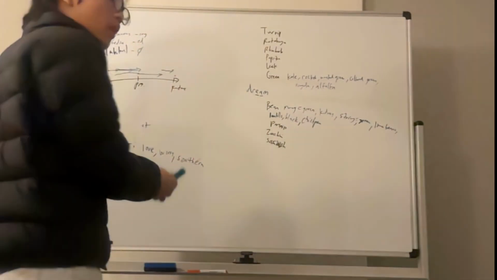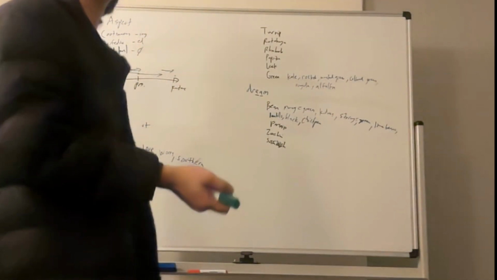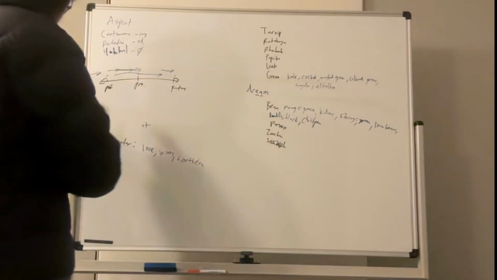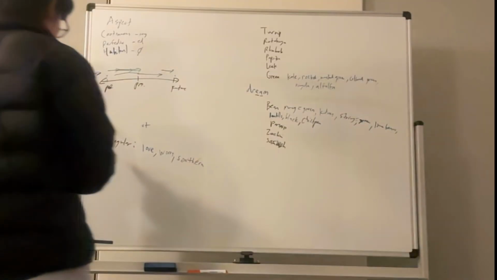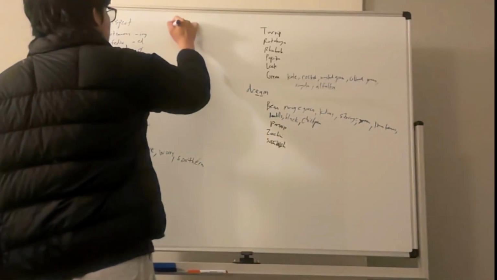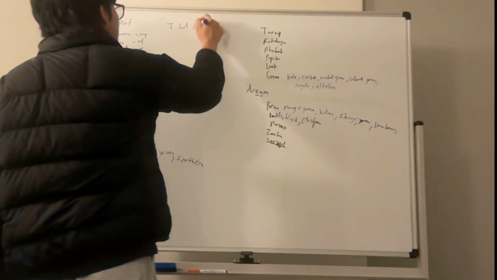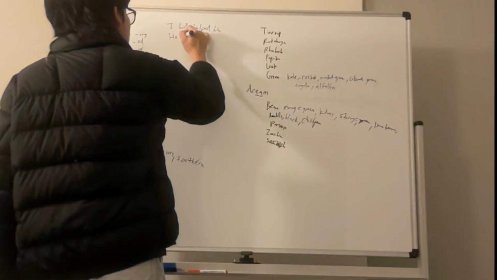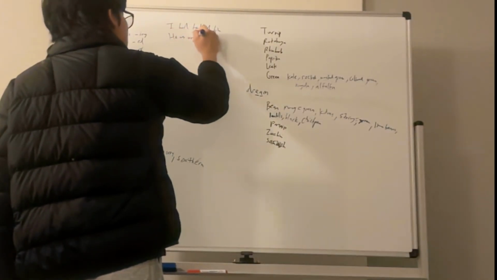Well, if we continue on the example of me having helped him, I had helped him. He was ungrateful. Let me put this down. I had helped him. He was ungrateful.